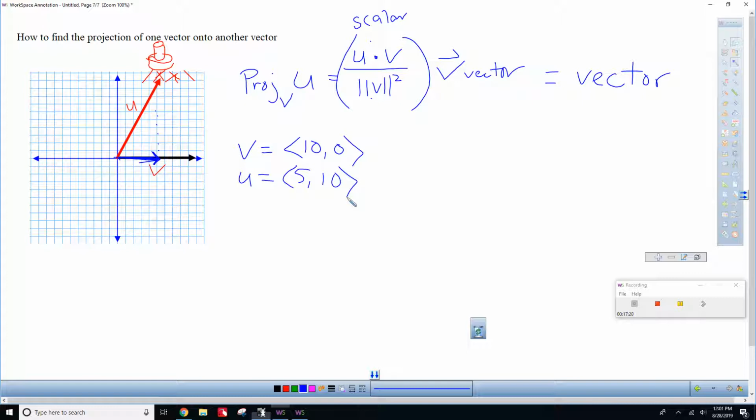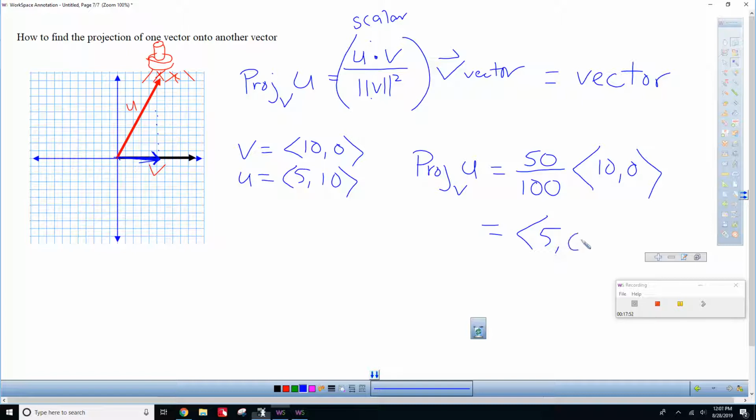All right, so the projection of U onto V is U dot V, which is 50, over the magnitude of V squared, which is 100, times V, 10, 0. So it's 1/2 of that. It's 5, 0. Beautiful. That's exactly what it looks like it is.